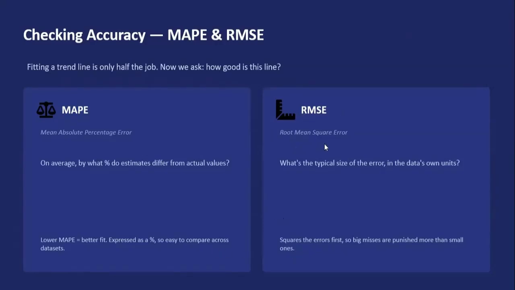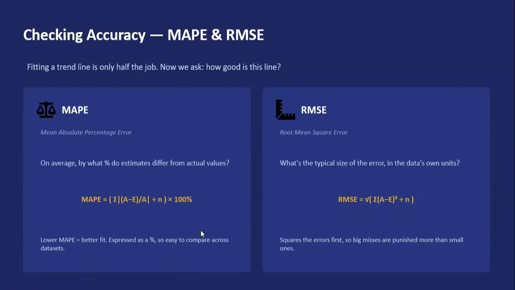RMSE, root mean square error. This tells you the typical size of your error in the same units as your data. And notice it squares the errors first. That means one huge miss hurts your score a lot more than several small ones. RMSE punishes big mistakes.